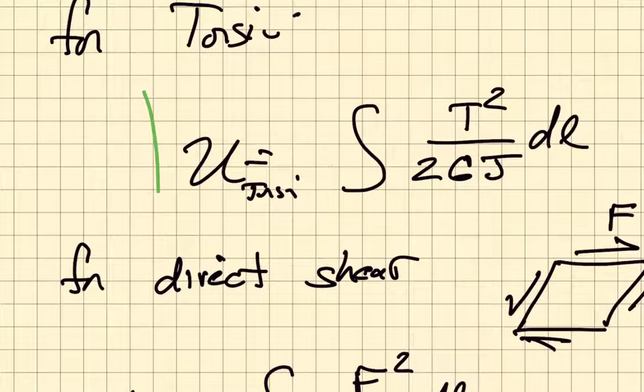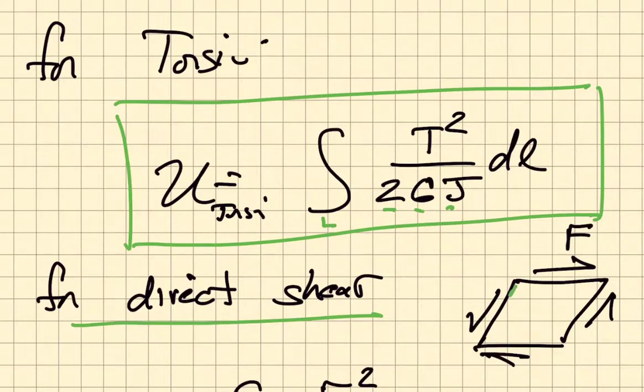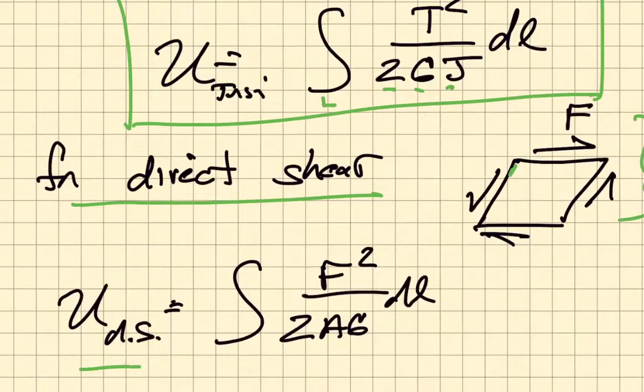For torsion, we find that the energy stored due to a torsional load applied to a shaft is just T squared over 2GJ integrated along the total length of the bar. For direct shear, which loads as shown here, the energy is just F squared over twice AG, where G is the shear modulus, integrated along the length.